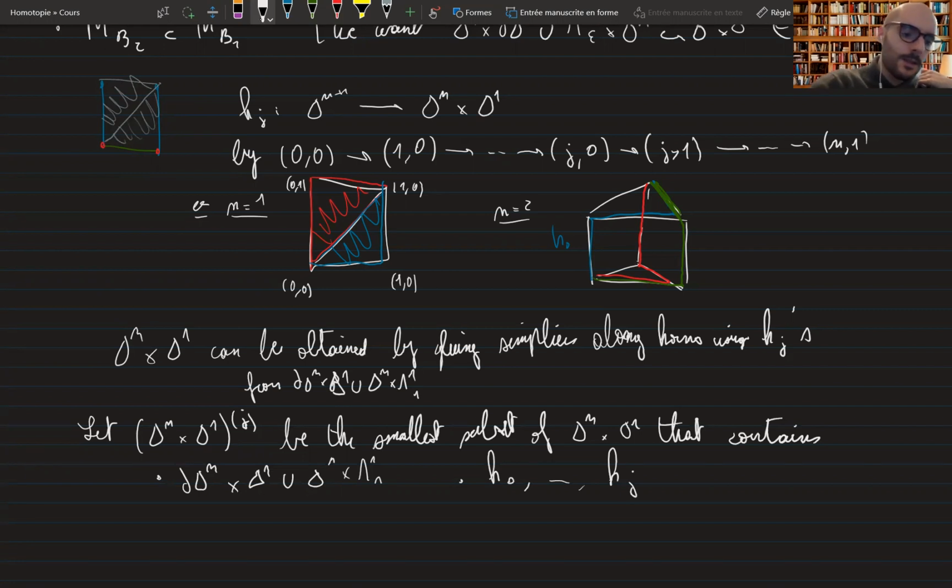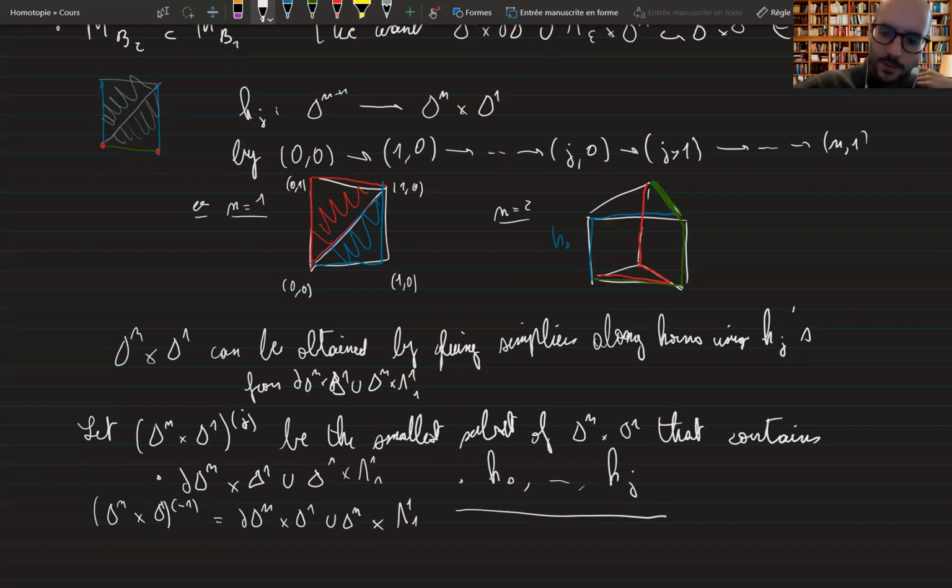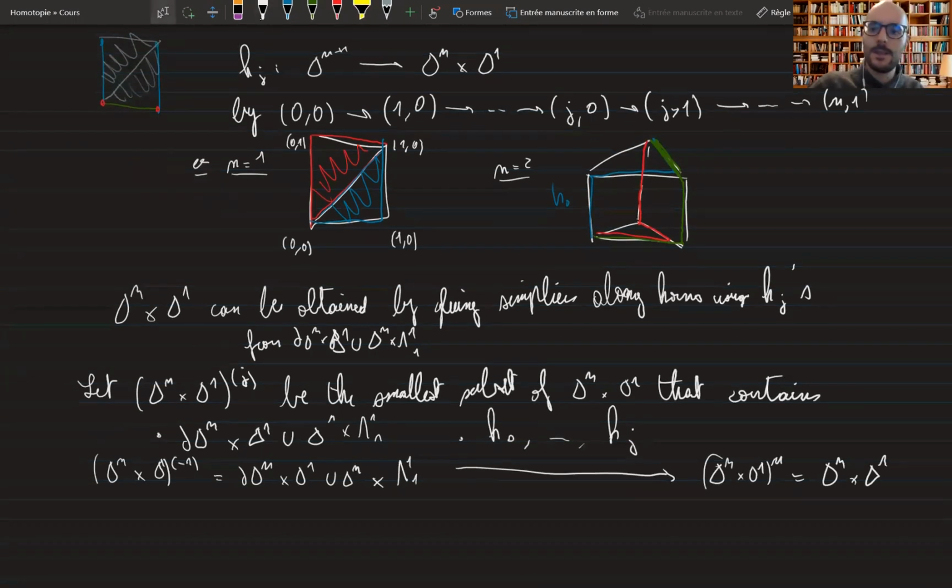So delta n cross delta 1 minus 1 is equal to delta n cross delta 1 union delta n cross lambda 1, 1. And we have to go up to delta n cross delta 1 n, which is delta n cross delta 1, right? If you glue all these extra simplices, then you get to the full thing, right?